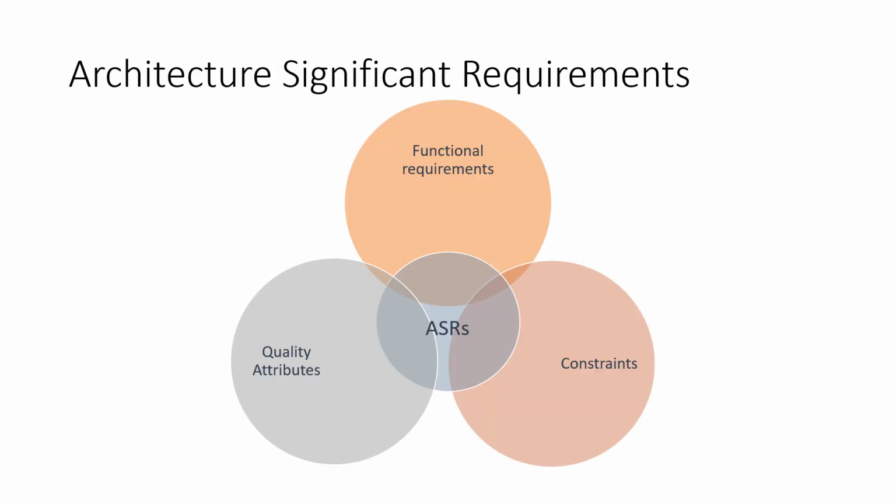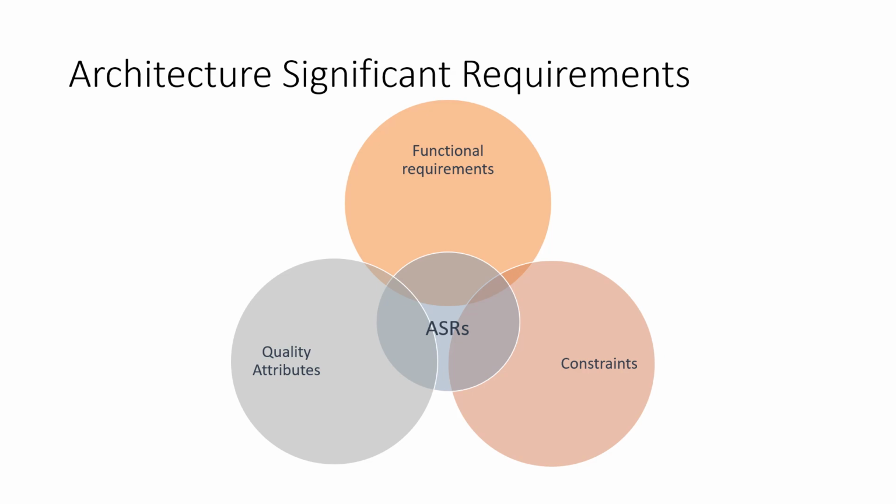Now, there are quality attributes, there are functional requirements, and there are constraints. But not every requirement is significant for the software architecture. The solution architect is the smartest person in the team and knows what is significant and what is not, at least for his or her job, which is to define the architecture.